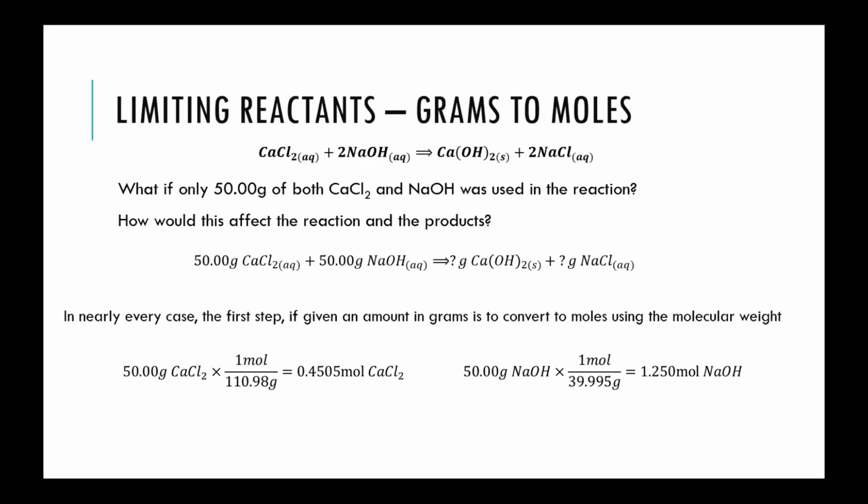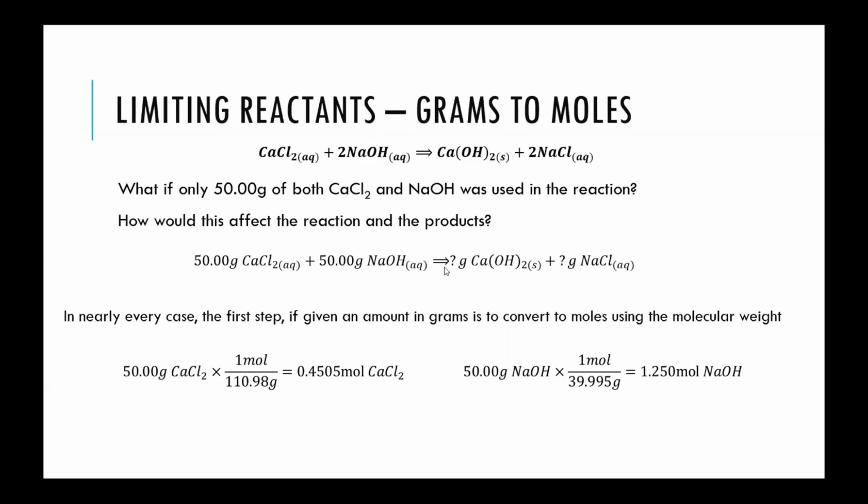A good rule of thumb: if you're ever given anything in a problem in grams, convert that to moles, because that is what's going to be used in any sort of chemical equations or any sort of chemistry.